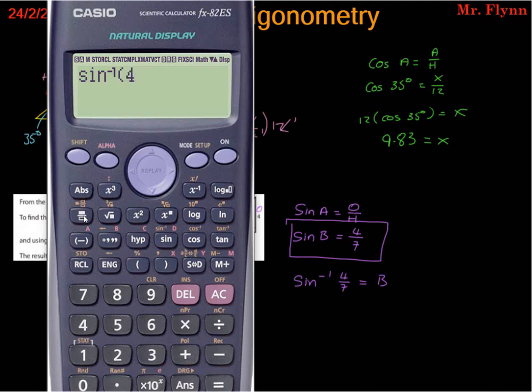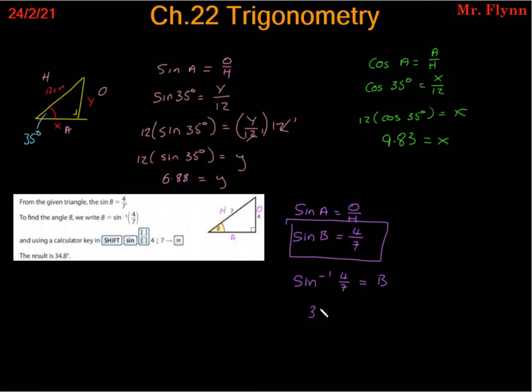Now I'm going to type 4 all over 7, and that then will equal 34.85, correct to 2 decimal places, which is the angle B. They have only written 1 decimal place, 34.8, but we've got 34.85. So that's where they got the 34.8 degrees here.